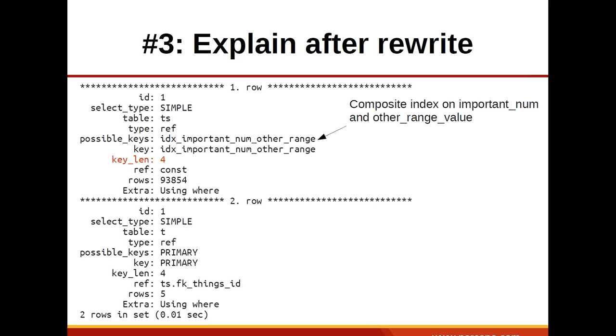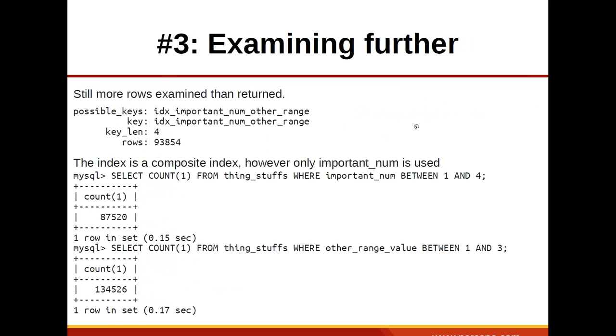So in this case, we are not using an index on other range value. Let's examine if we can benefit from using an index on other range value. If we select the count for the important number, where the important number is between 1 and 4, the count is this, so it's close to the estimation of the optimizer.